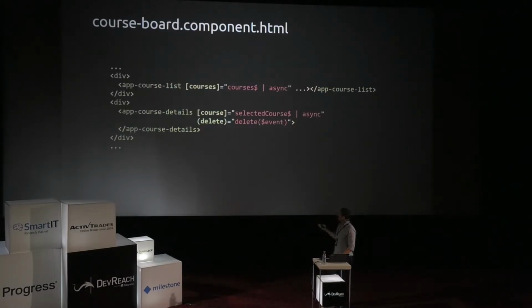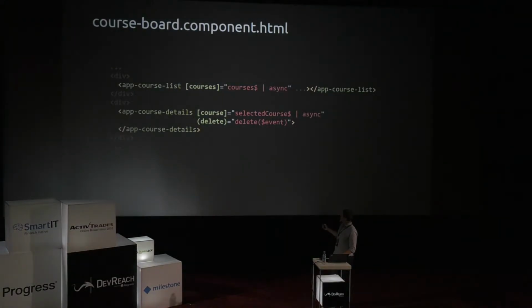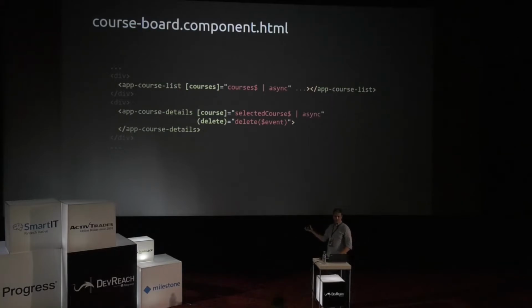In terms of a template, that's how it looks as a layout. Here we have our dummy component, and we pass it data, which is a stream. It goes the same with the details component, where we pass the data and listen for an event, and when an event is raised, we basically know what to do.